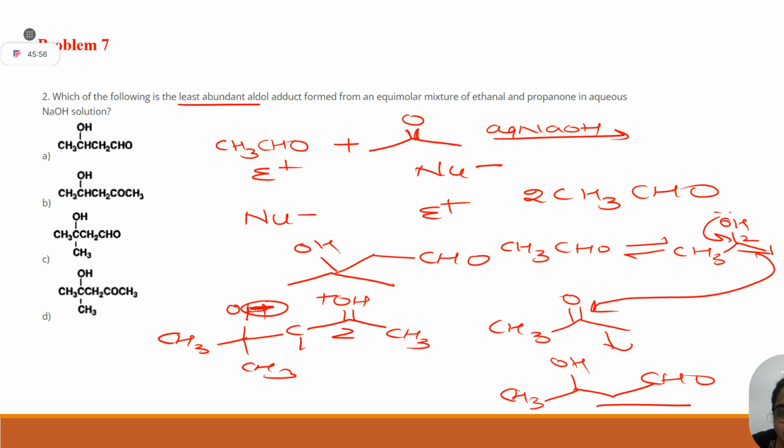Understood, ma'am. Now intramolecular proton transfer: hydrogen will come here and this proton will be gone, right? And it will become CH2. Okay, my bad. Here it is aldehyde, and here I have drawn it by mistake.